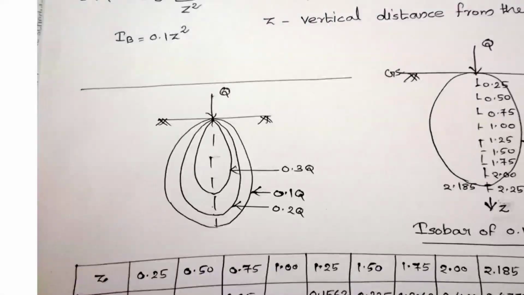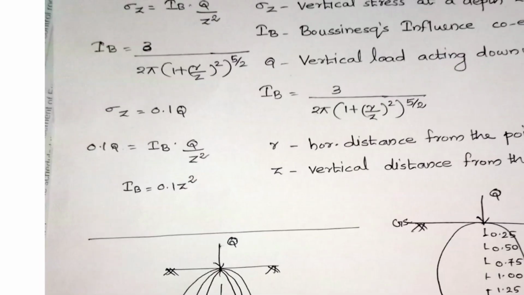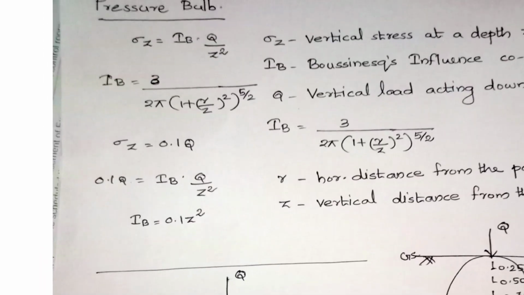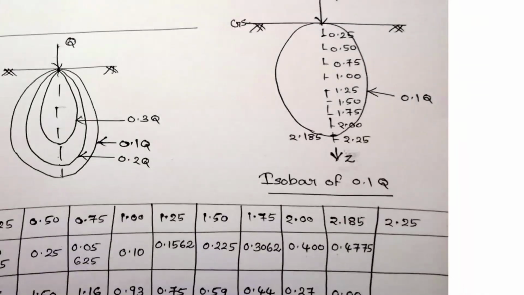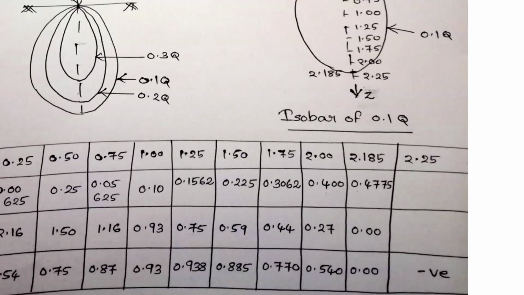It is simple, because we are just putting the value of r equal to 0 in this equation, that is IB equal to 3 by 2 pi into 1 plus (r by z) whole square, all raised to 5 by 2. In this equation we are putting the value of r equal to 0. So from there we will get the corresponding z value. That z value is 2.185.